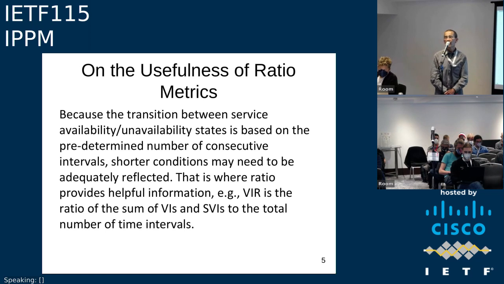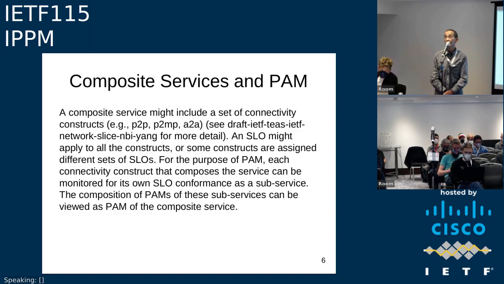So that's why the ratio metric seems to be a useful metric. And the ratio can be applied equally to violated intervals, when optimal thresholds are crossed, and severely violated intervals, where critical thresholds are crossed. Of course, if only one critical threshold is defined, then the metric for the violated intervals will be identical to the severely violated. Next slide.